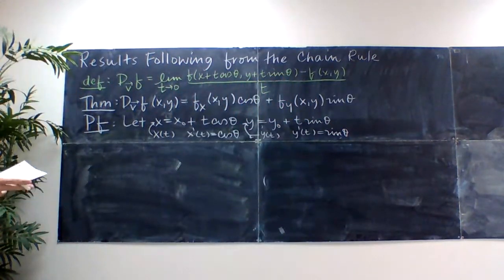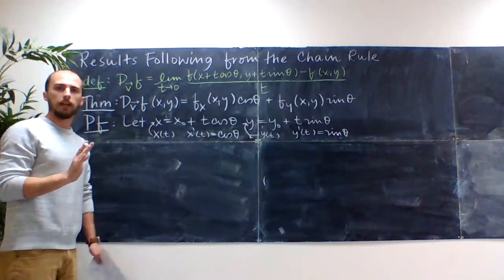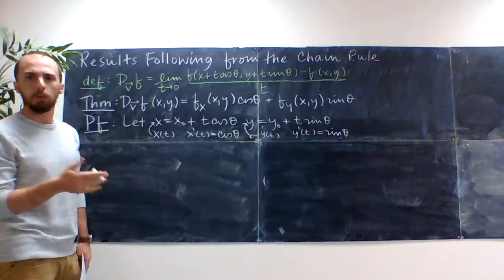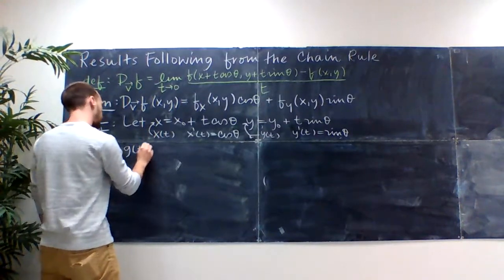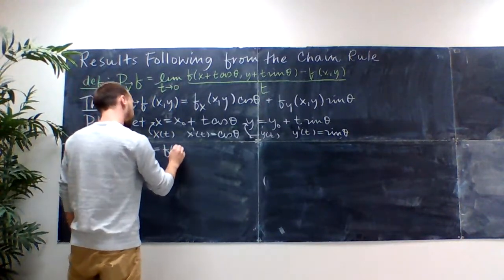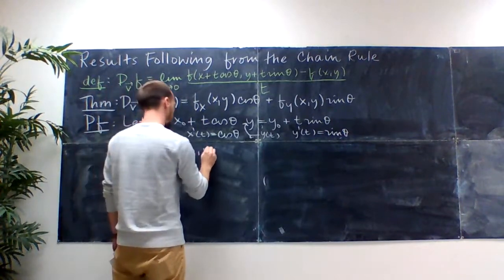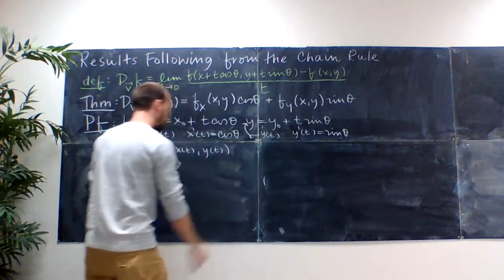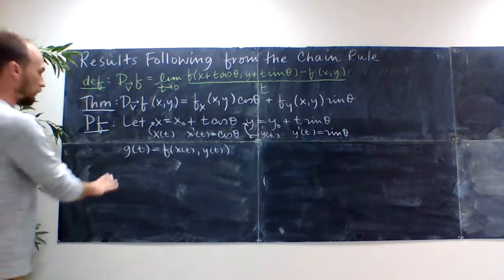Now the key thing is I'm going to say let g of t equal f of x and y, and maybe I'll write it as f of x of t and y of t. This is the type of thing that we can take the derivative of now using the chain rule.